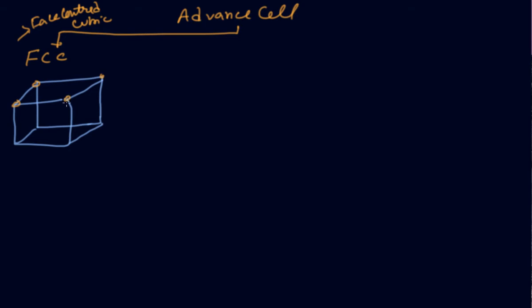These count as 8 multiplied by 1 by 8, which comes to 1. Plus, in face center, there are 6 faces: left, right, top, bottom, that side, reverse side. Like left, right of a room, roof and floor.